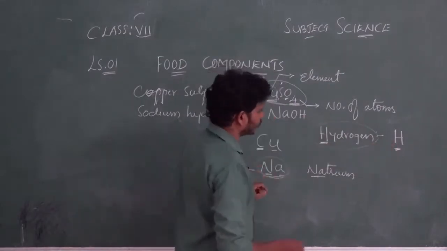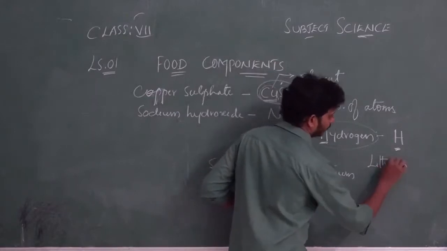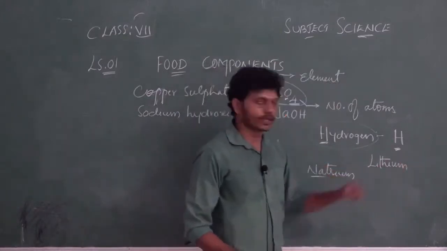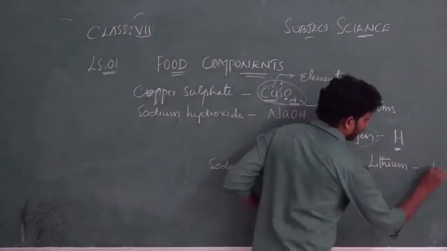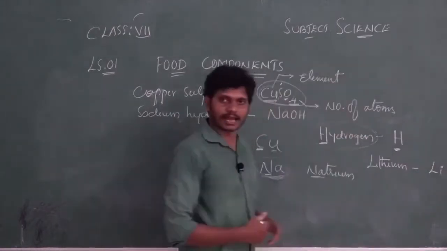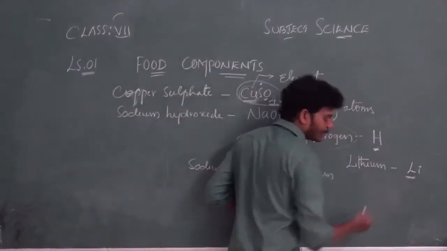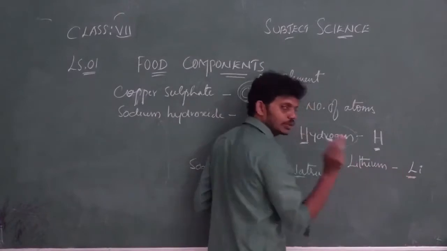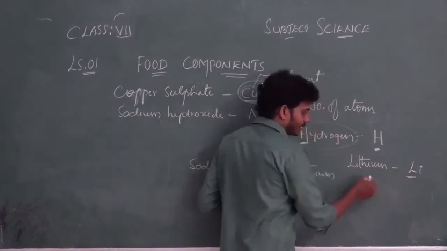The next one is lithium. Its symbol is Li. If you observe this, the first letter is capital. How many letters were taken? Two letters were taken as the symbol. The first letter is capital and the second letter is small.